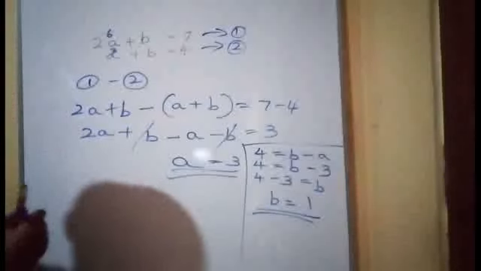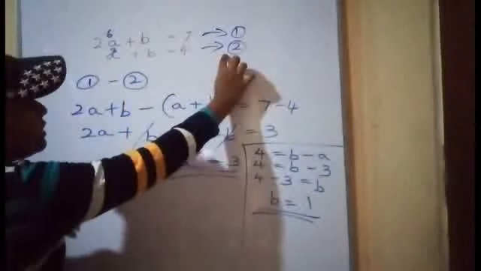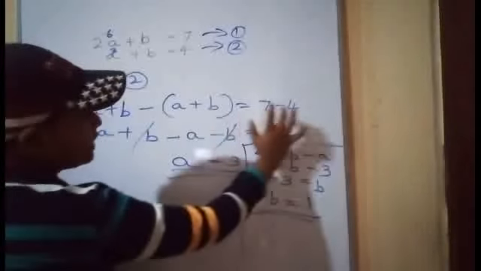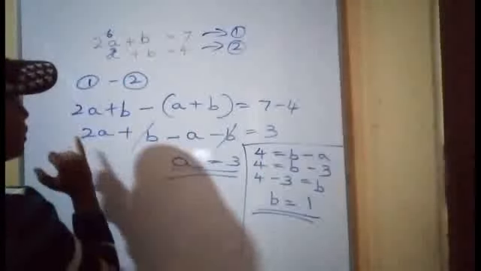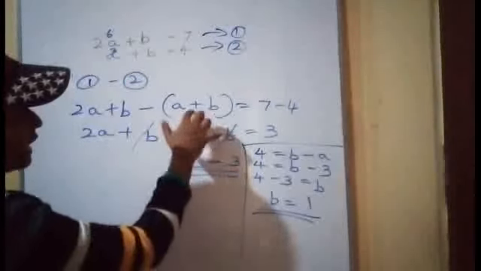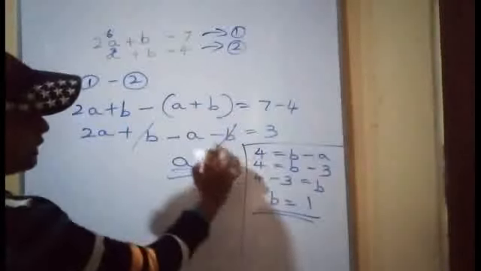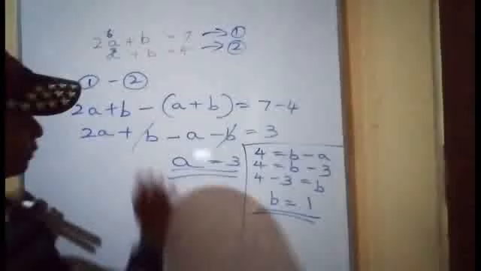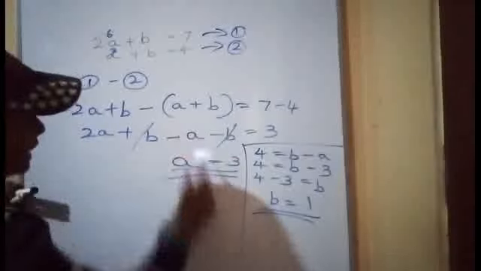What do we do in this example? We take the first equation as 1 and the second as 2, and subtract 2 from 1: 2a plus b, minus the bracket a plus b, equals 7 subtract 4, because we subtract as both have plus signs. So we get a, and the plus b is removed, leaving 2a subtract a, which is a.